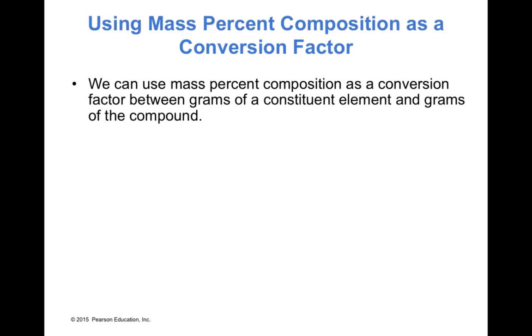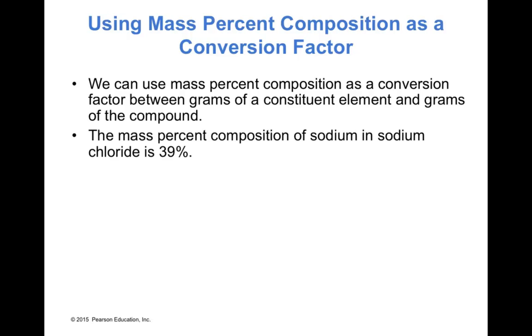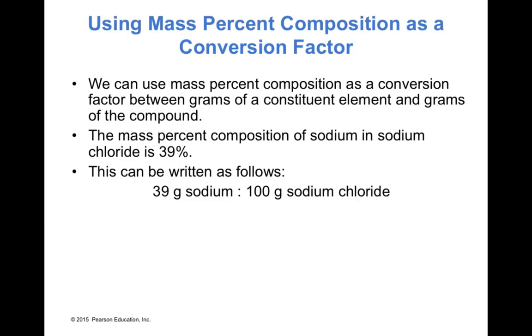Using mass percent composition as a conversion factor, we can convert between grams of an element and grams of the compound. So if we have, for example, a sample of sodium chloride, 39% sodium, that means that we have 39 grams of sodium in 100 grams of sodium chloride, because the composition of sodium in that sample of sodium chloride is 39%.